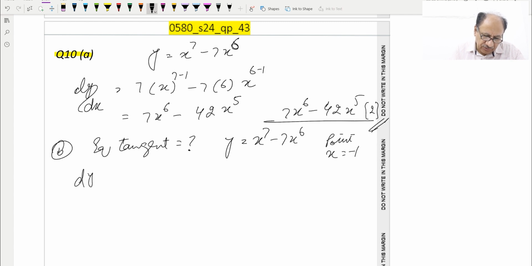So in other words, dy by dx at x is equal to minus 1 is required.